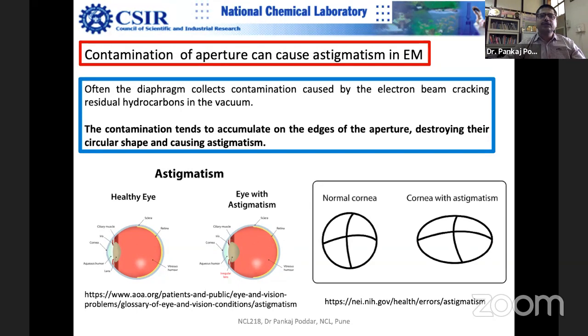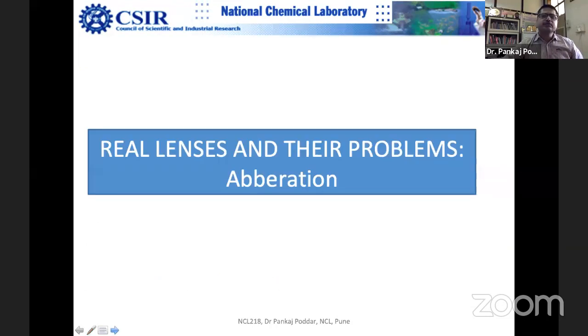You might notice that they get cylindrical lenses as corrective lenses, right? There are spherical lenses and cylindrical lenses. You can see that this is a normal cornea and this is elongated. Exactly the same thing happens in the electron beam. The electron beam should be like this. When it gets elongated in a certain direction, that elongation can lead to the problem.